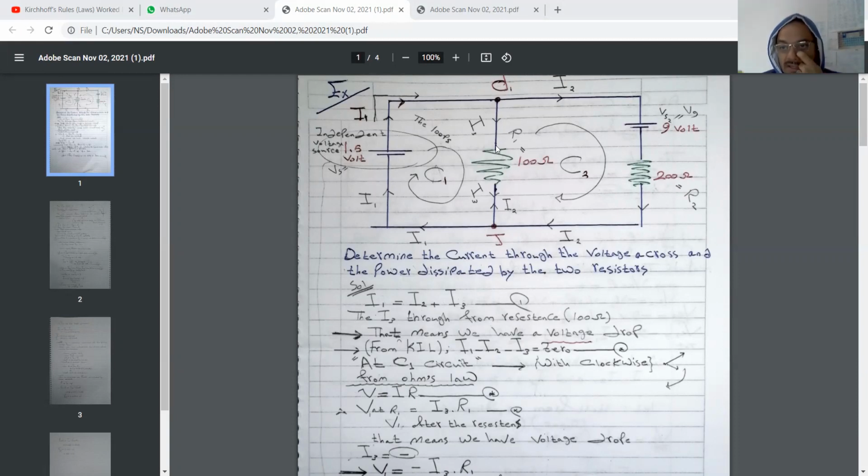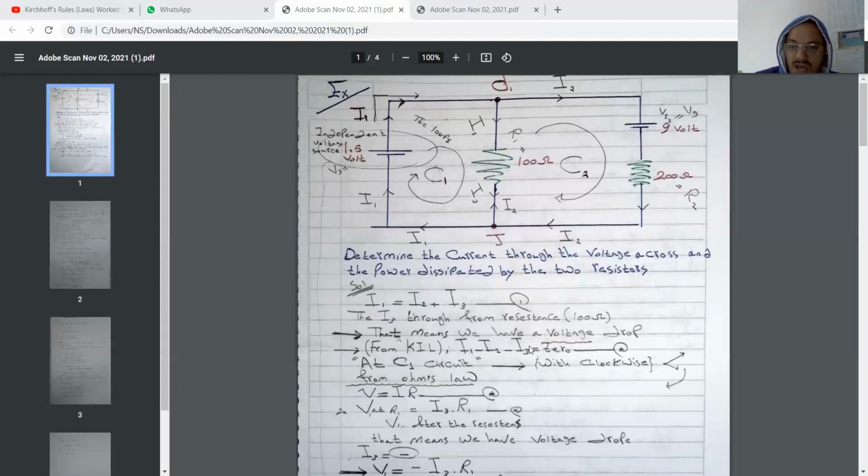By using Kirchhoff's current law, I1 minus I2 minus I3 equals 0, because the sum of the currents at the node must equal 0.